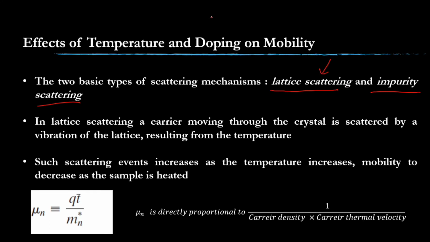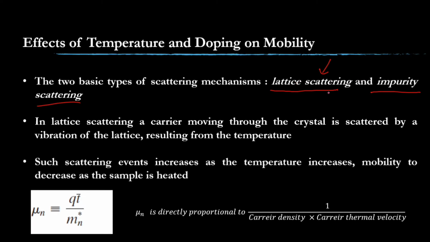That is the silicon atom. If you take a silicon solid, silicon atoms will be there in the lattice, and if you take a germanium solid, germanium atoms will be there in the lattice. So when these charge carriers collide with the lattice and scatter, that scattering is known as lattice scattering.